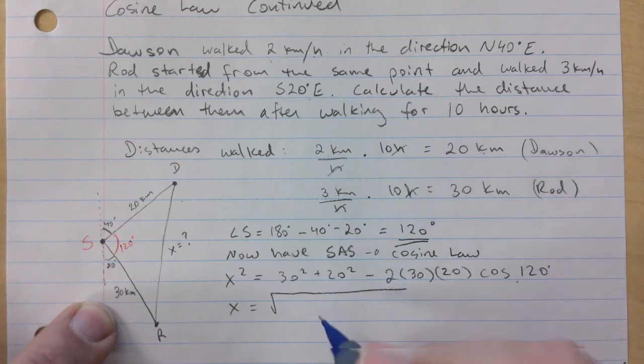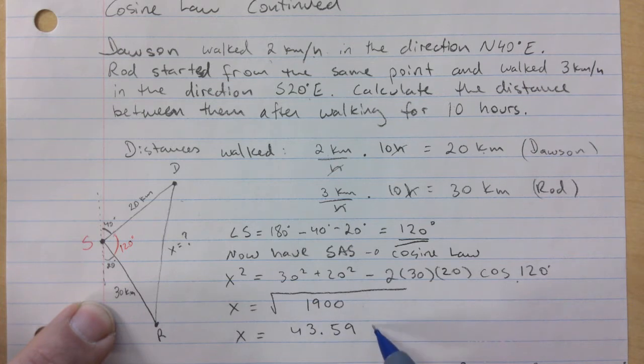And I get 1900 exactly. So x, if you take the square root of that, is 43.59 kilometers apart.